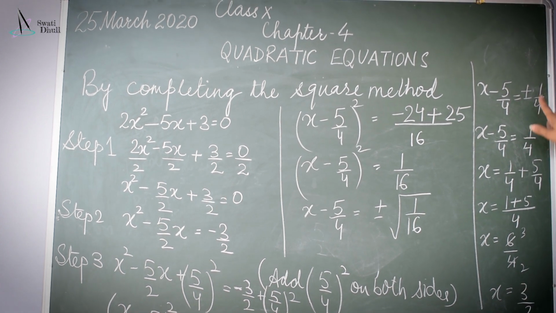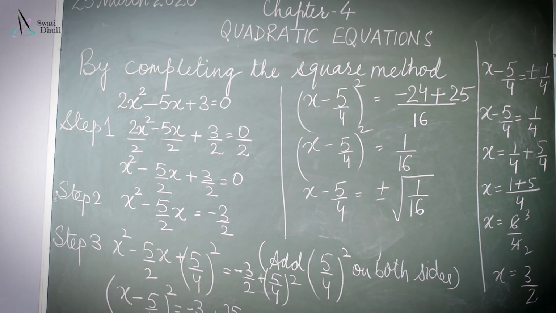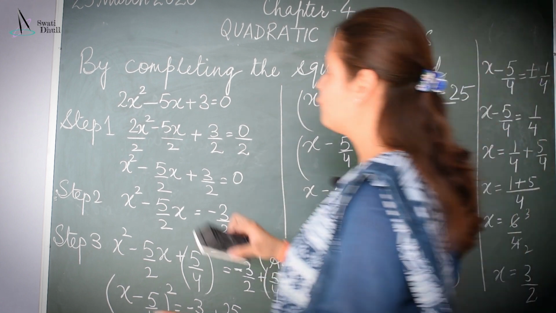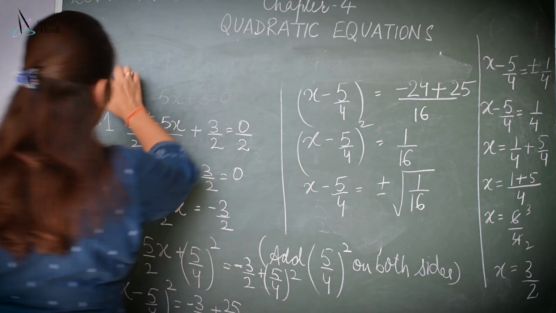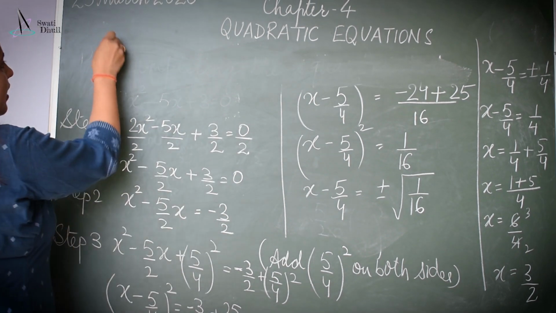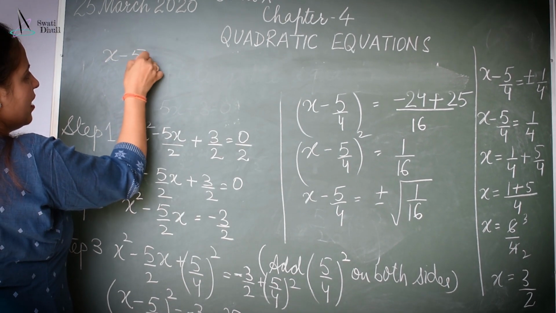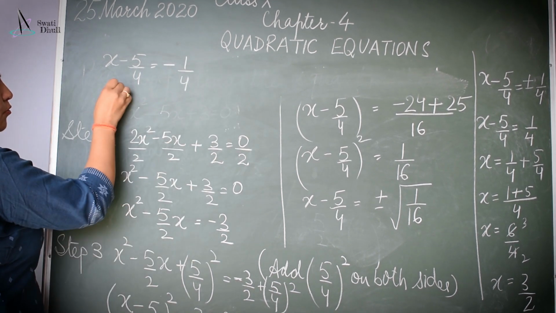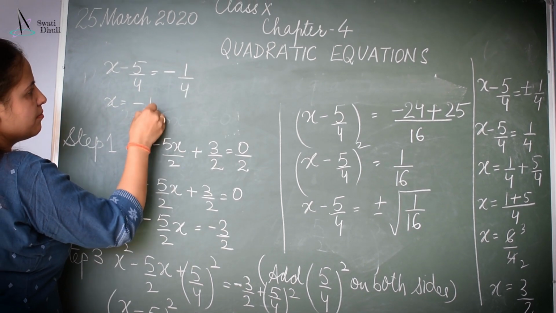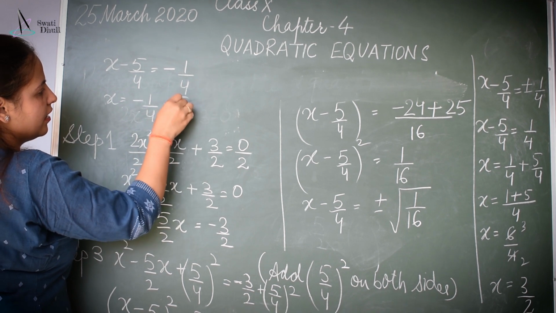Now I have taken only one value, that is plus 1 by 4. Now I have to take the other value, x minus 5 by 4 is equal to minus 1 by 4. If I transpose, you'll get minus 1 by 4 plus 5 by 4.